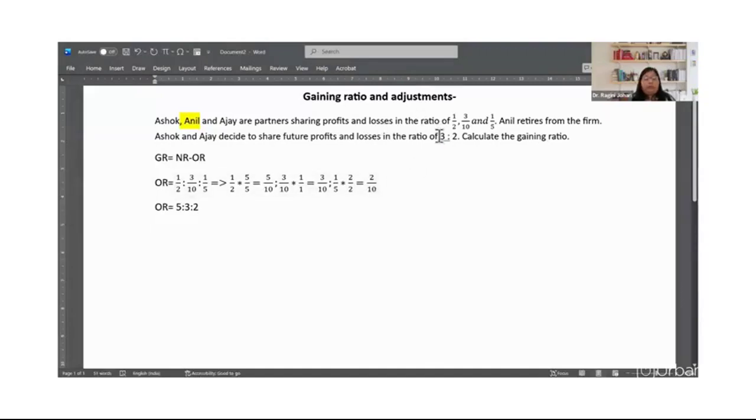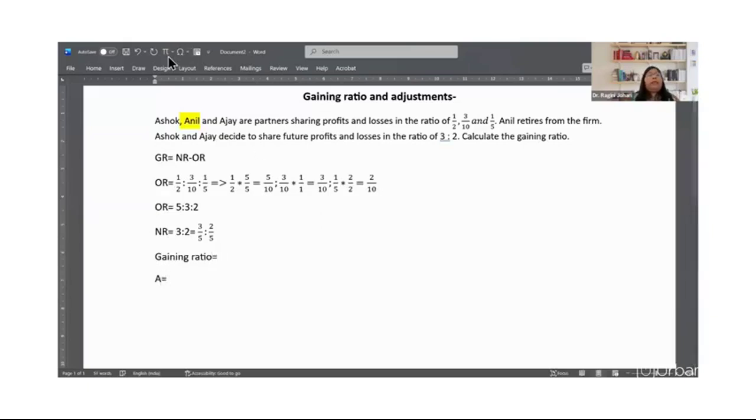The new ratio is already given to us. That is 3 is to 2, or if we want to write it in fraction, this is 3 upon 5 and 2 upon 5. All that is required now is to find out the gaining ratio for A and B.